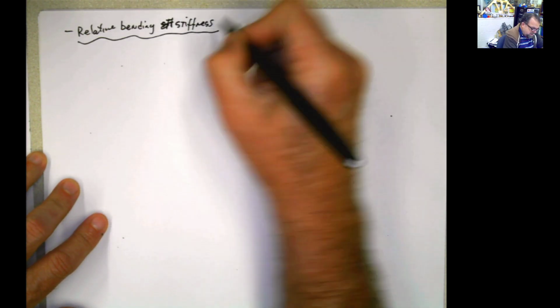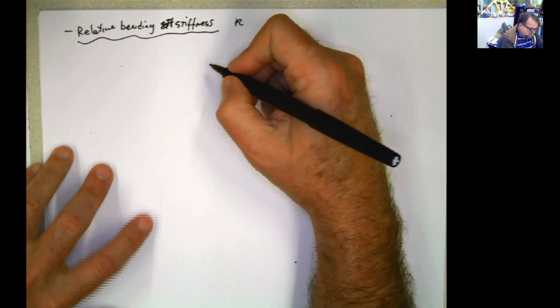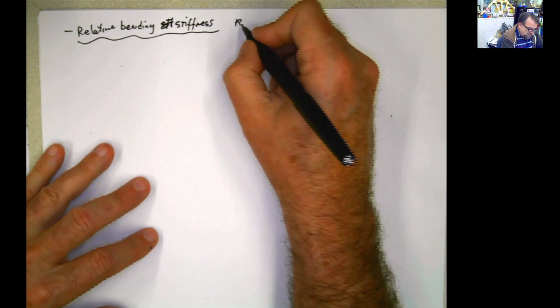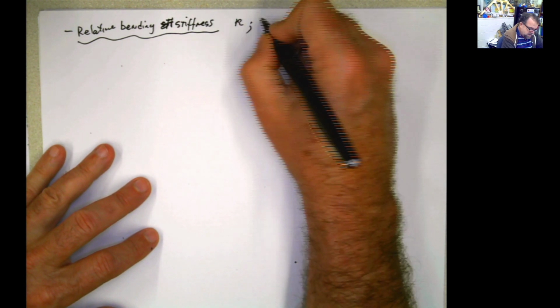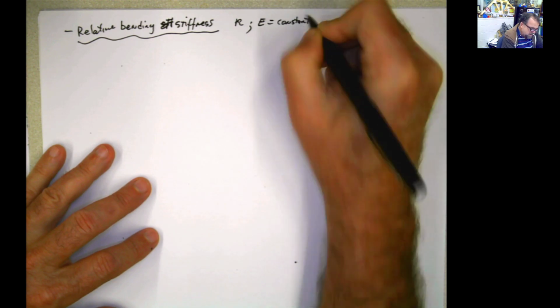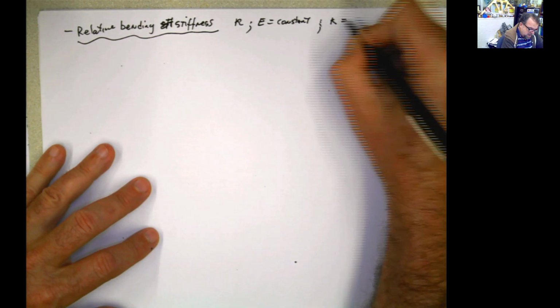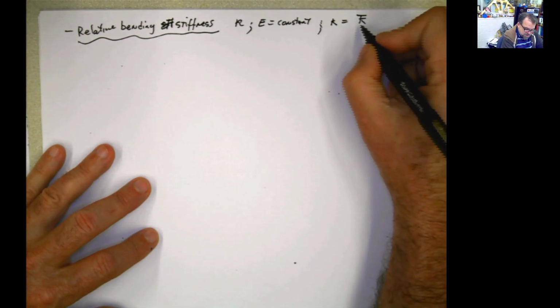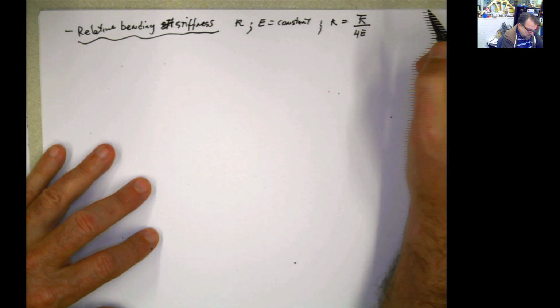Relative bending stiffness, that's called K, not K bar, but K. Basically this is another value that we use, and if it's the same material, so if E is constant, this K is obtained by getting the absolute member stiffness and dividing by 4E. That's basically what we do.